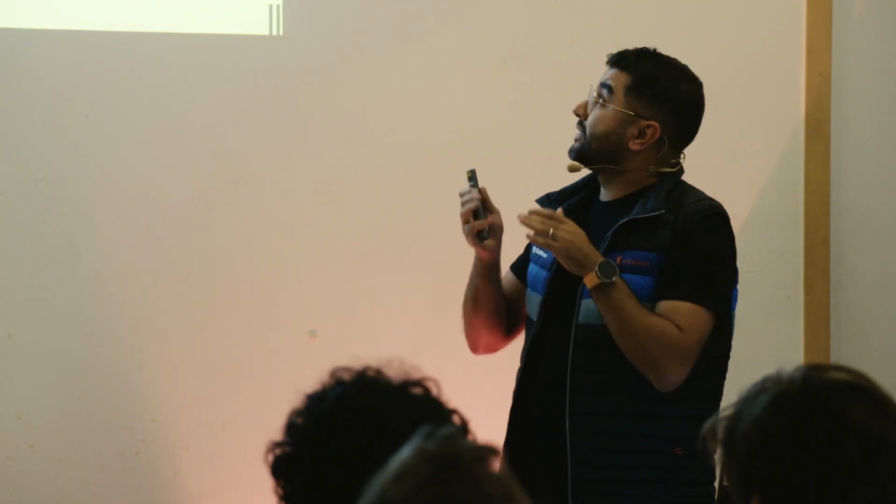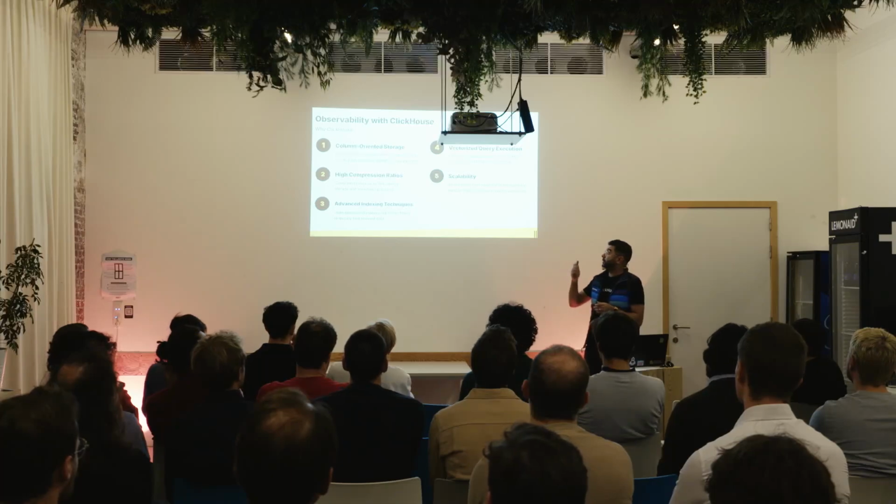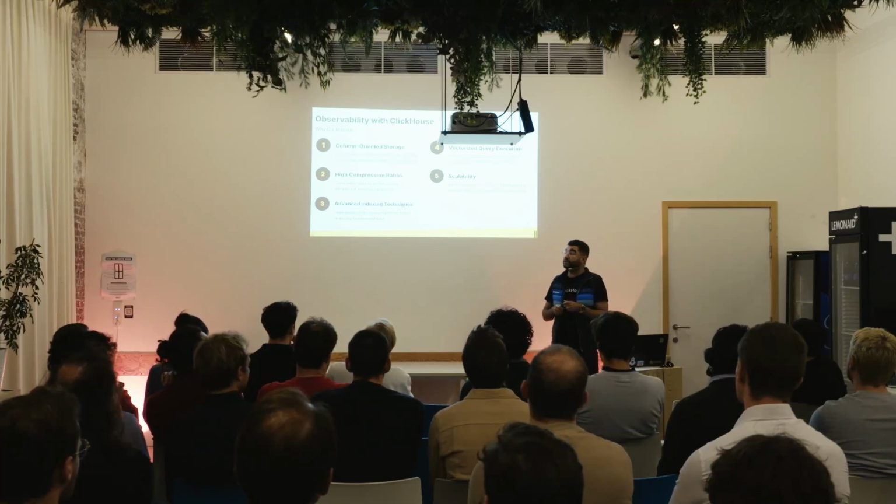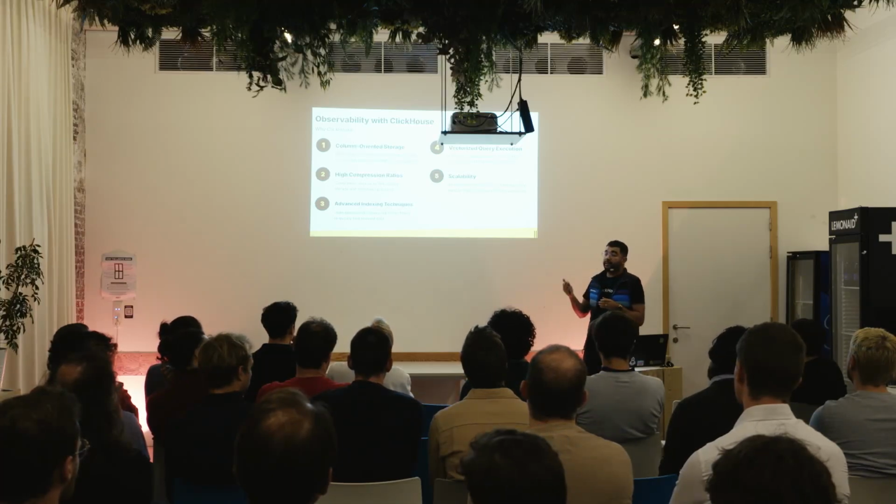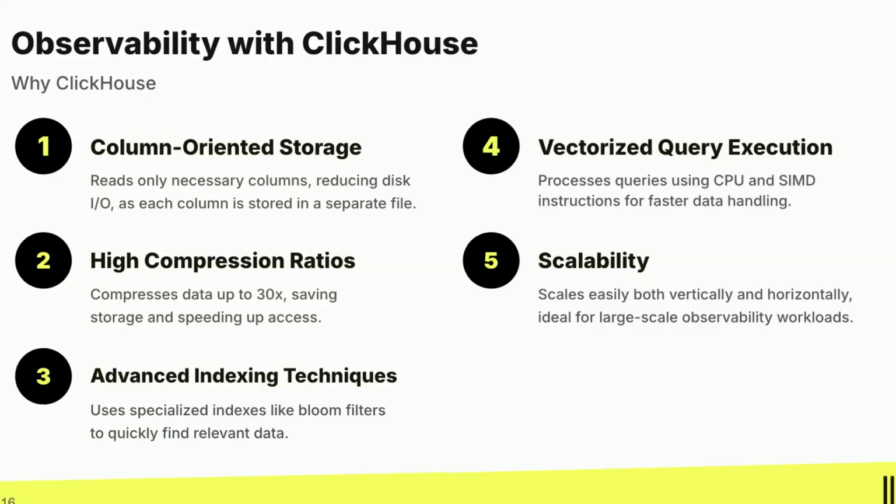And with SIMD instructions, we can have really quick aggregation with ClickHouse, and that's why ClickHouse is very, very fast. Of course, we speak about ClickHouse Cloud scalability, so you can scale easily both vertically and horizontally without any problem. It's ideal for the observability workload, with high ingestion rates and faster queries. By adding just one node, you can also improve your performance linearly.